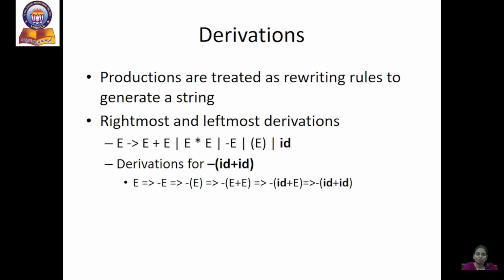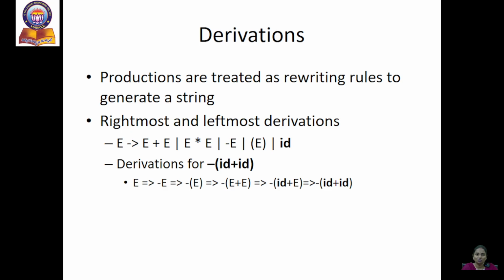By substituting a production in the place of some non-terminal, we get some sequence of string, and that we call a derivation. And in the derivation we follow the leftmost derivation or the rightmost derivation.